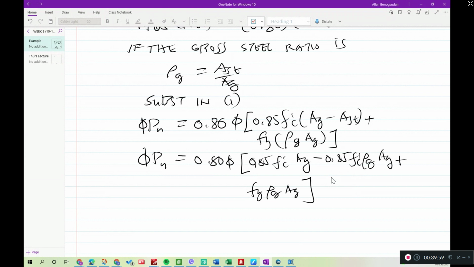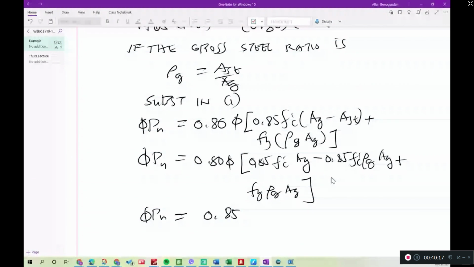Then I will cancel some terms, and factoring out, it could be 0.85 f'c plus rho g.